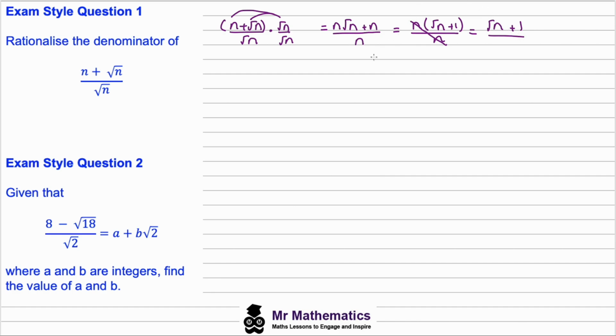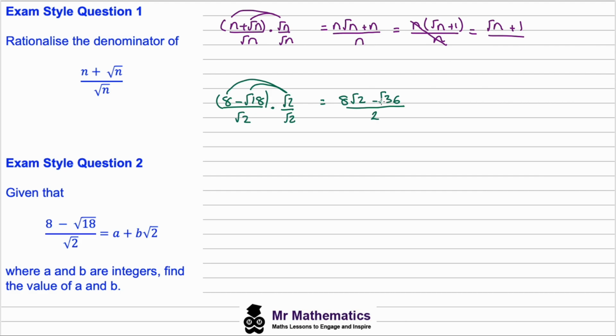Question 2. We've got 8 minus root 18 over root 2. We'll multiply both by the root 2. Put this in brackets. We'll expand this out. So we've got 8 root 2, and then root 2 times root 18 will give us root 36, divided by the root 2 squared, so just 2. We can simplify this numerator.